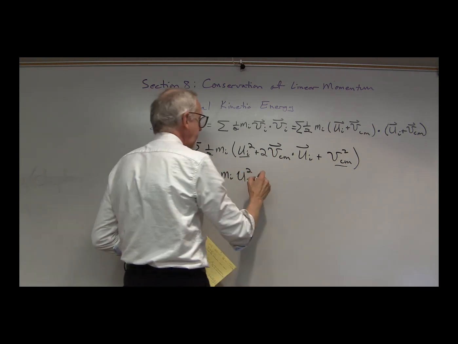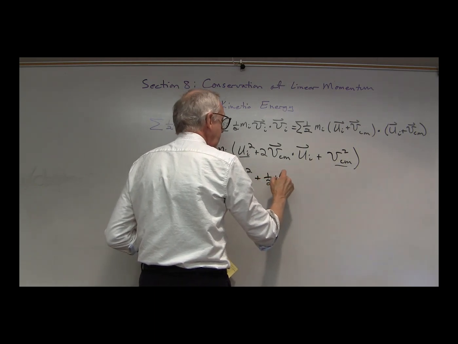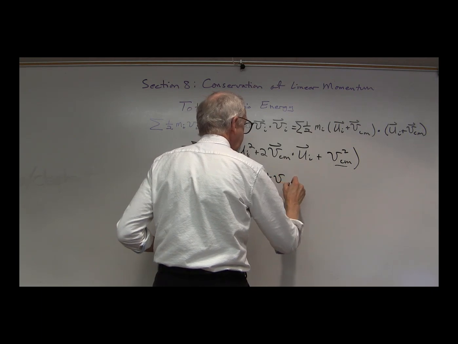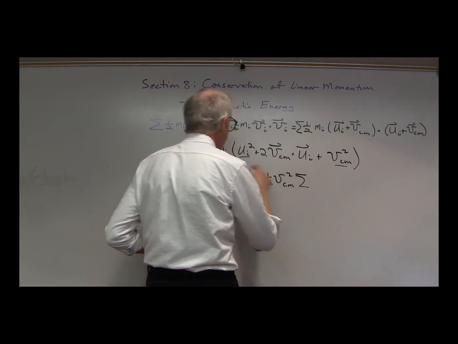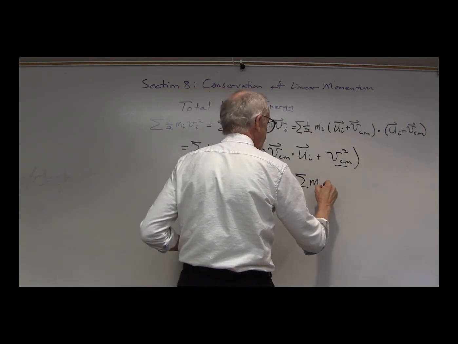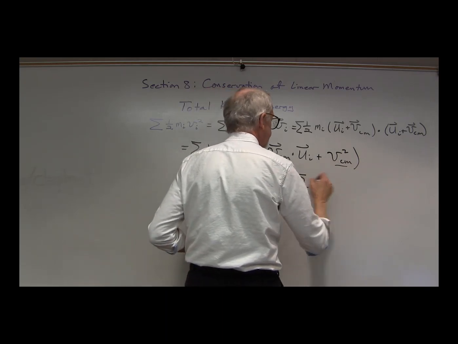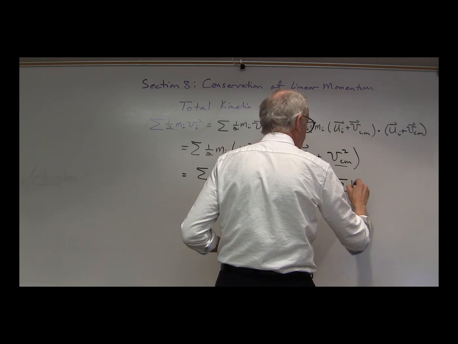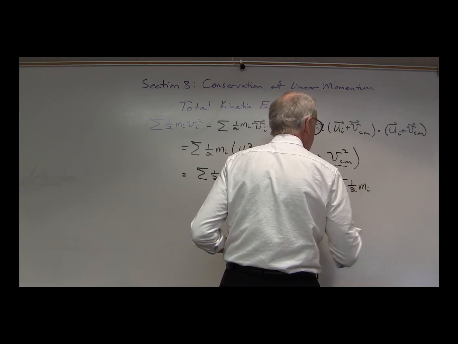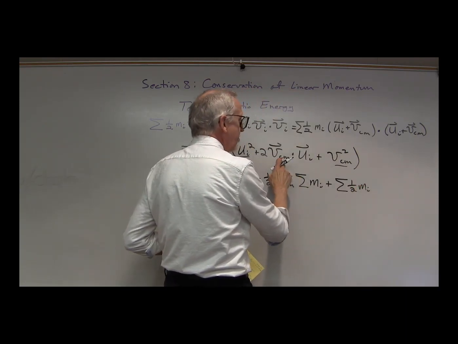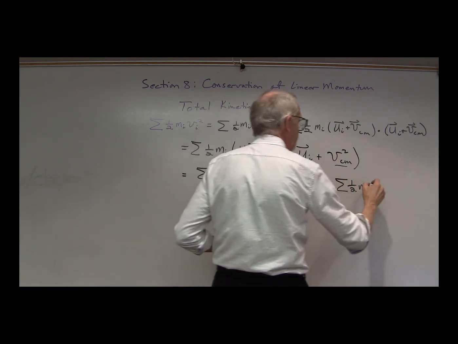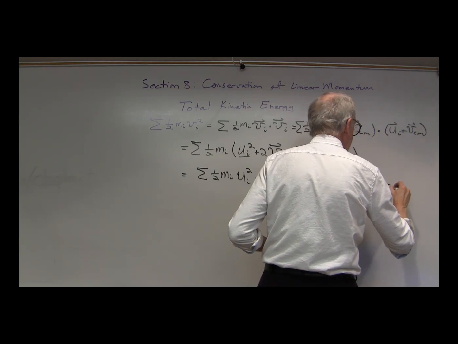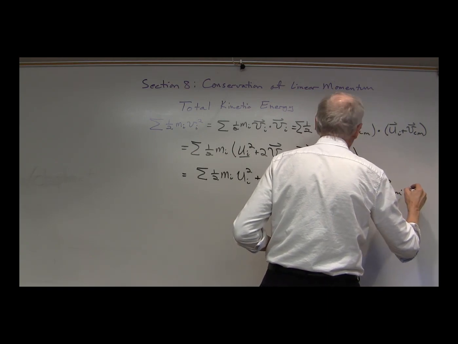So I'll write this as plus 1/2 v_cm squared times the sum of m_i, plus the sum of 1/2 m_i times 2 times v_cm dotted into u_i.